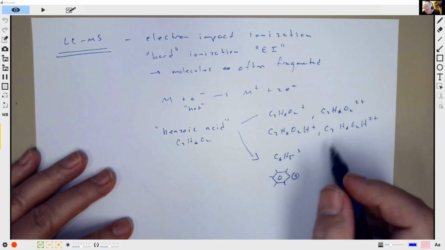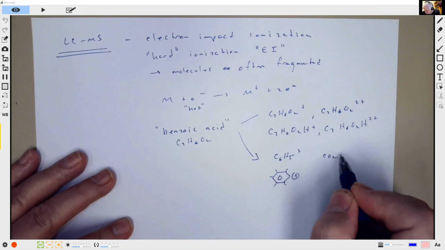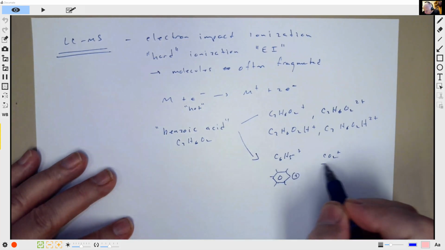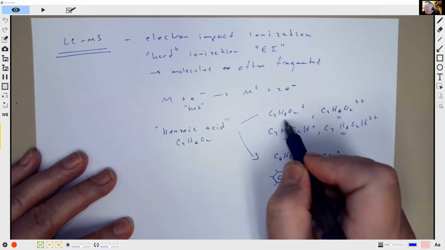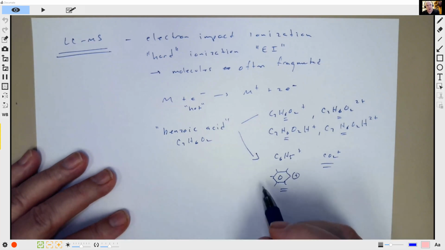And then you'll also get some CO2 plus, right? And so all of these fragments make up the spectrum of masses that you find, right?